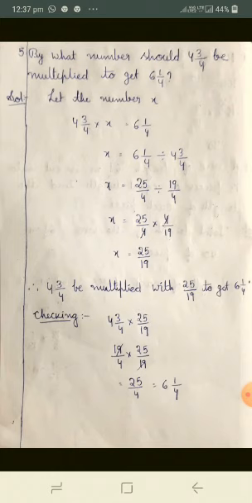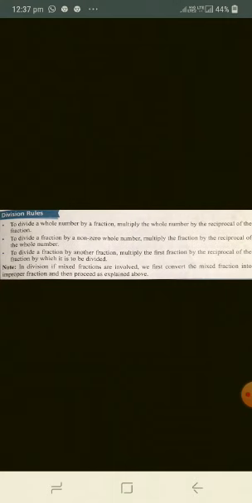Next one, division rules. To divide a whole number by a fraction, multiply the whole number by the reciprocal of the fraction. To divide a fraction by a non-zero whole number, multiply the fraction by the reciprocal of the whole number.